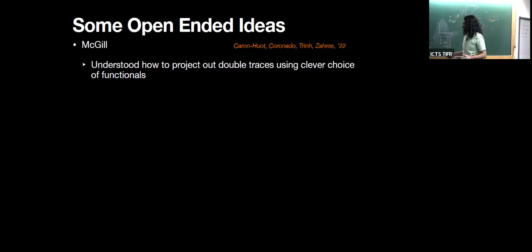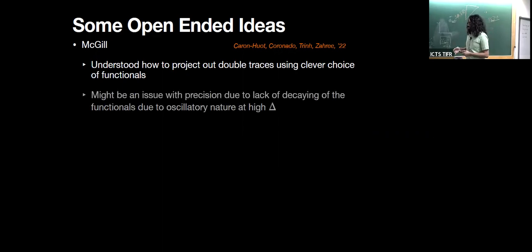This is my last slide. So recently, the group at McGill came up with a very interesting way to deal with this. They understood how to project out double traces by having a very clever choice of functionals. So they choose functionals in a way that the double traces vanish. But the drawback about this method, naively at least, is that these functionals which they need are trigonometric, and as a result they are oscillatory.